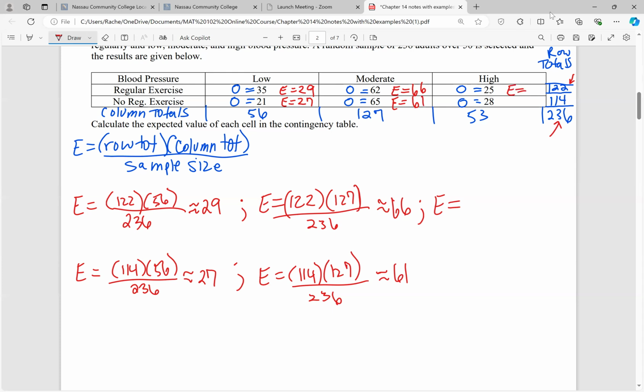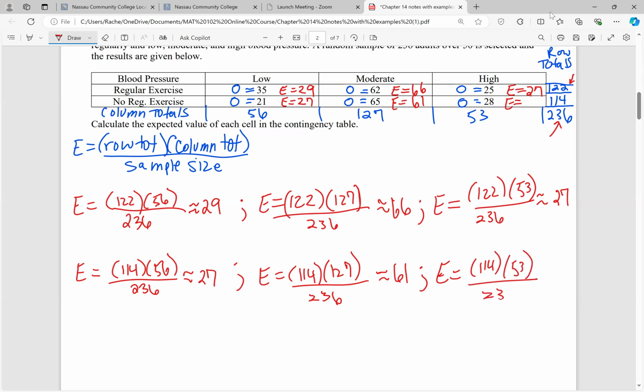So we're going to take 122, the row total, times the column total of 53, divide by 236, and we get about 27 for the expected value. And then let's get this last expected value. So the row total is going to be 114. The column total is 53. We need to divide by 236, and we get about 26. That would be my expected value.